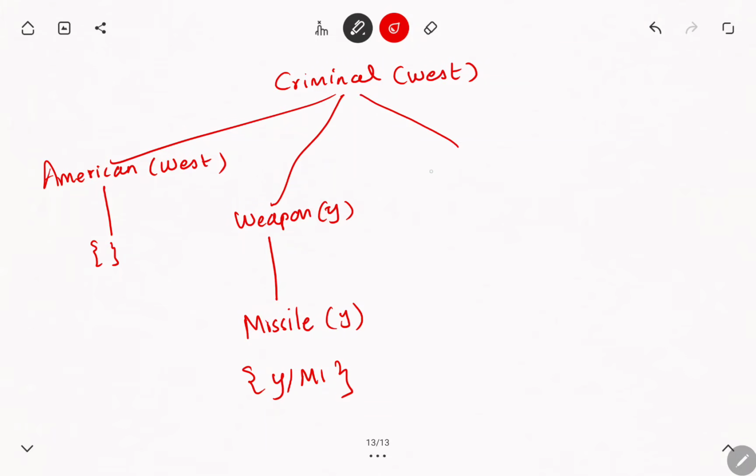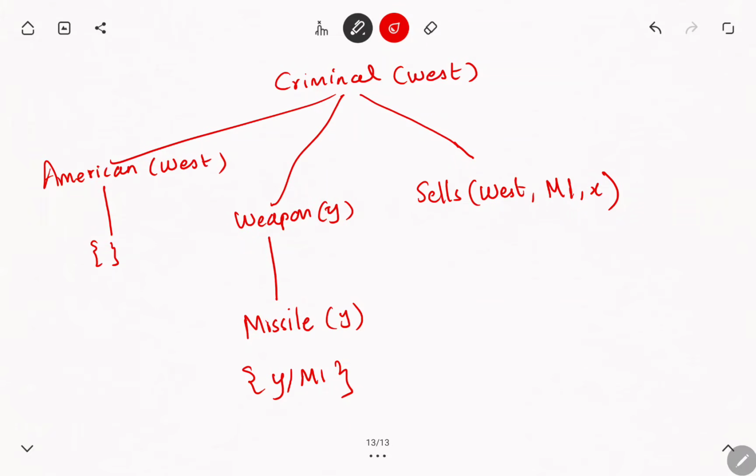Now also I need to prove that Nono is hostile. In order to prove that, I cannot directly go to hostile Nono. So first I need to have that rule that West sells M1 to some Z. I need to prove this, because I am drawing the tree from left to right.